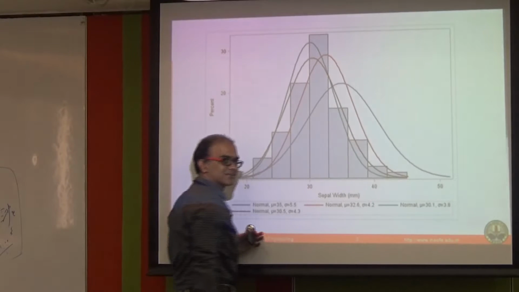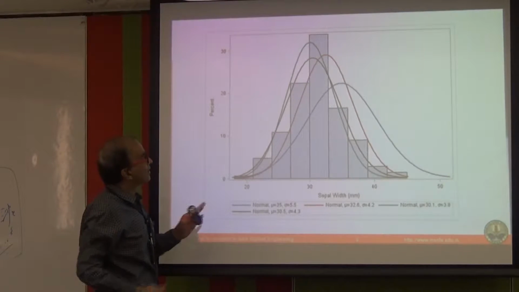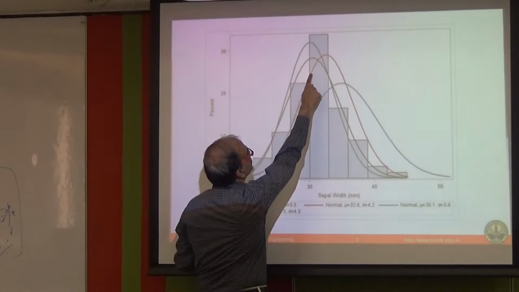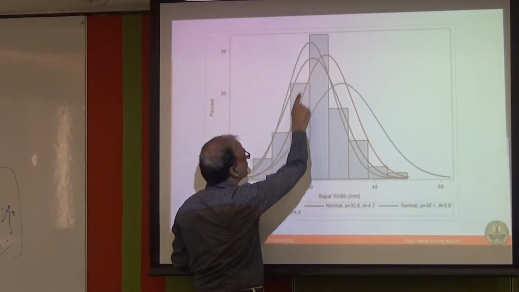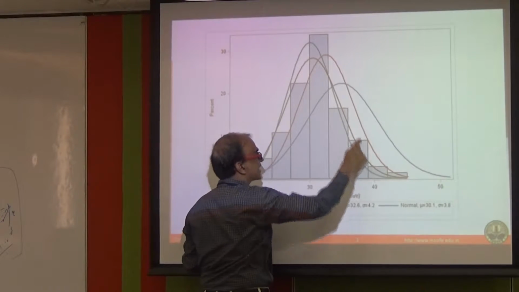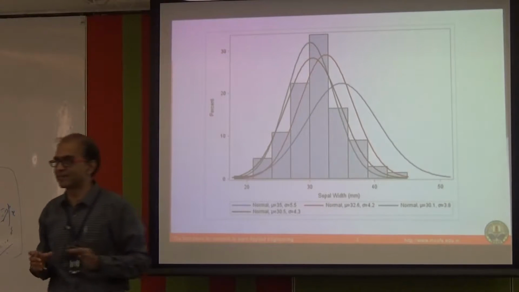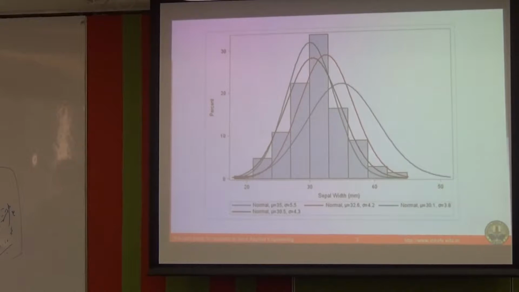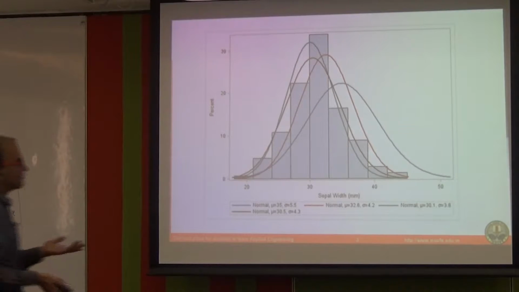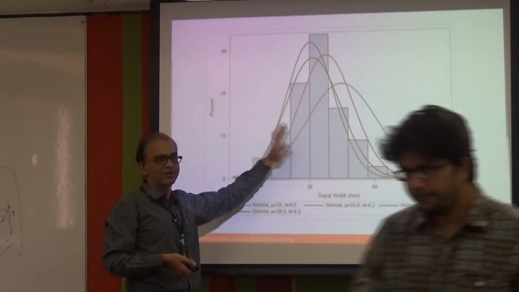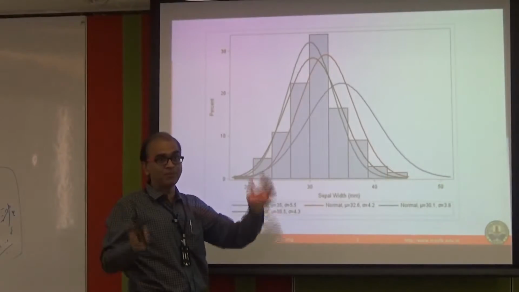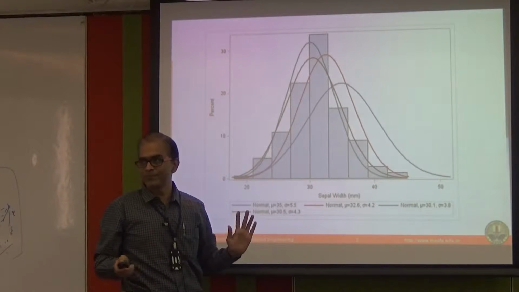Of all these, I think this one has the highest likelihood, maximum likelihood, to be the right model, simply because it explains the observed data better. So of all the possible models, the model that explains the observed data better is the model that you should choose. That's a very, very intuitive, simple thing. There's nothing great about it, but it works out to be a very powerful and robust framework. Given data, pick the model that gives the best fit.